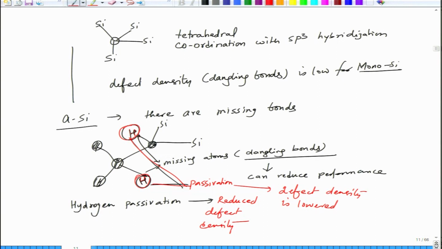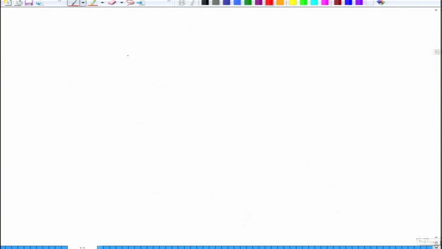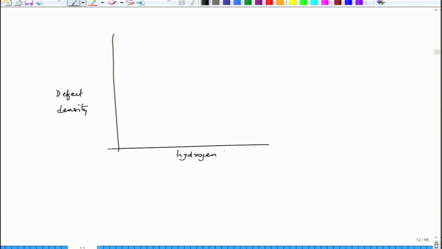So, if you plot, for example, the defect density as a function of hydrogen deficit, it tends to increase like this. So, this is a sort of a logarithmic plot.